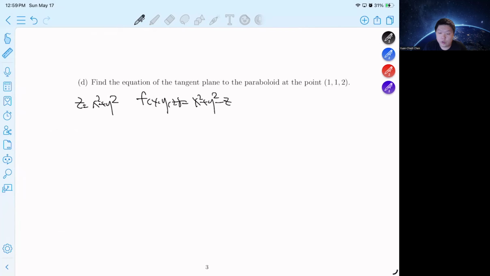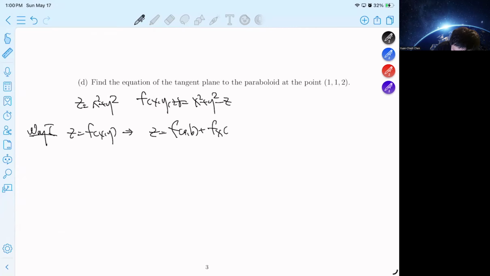Way 1, if you remember this: the tangent plane for z equals f(x, y) is z equals f(a, b) plus fx(a, b)(x minus a) plus fy(a, b)(y minus b).